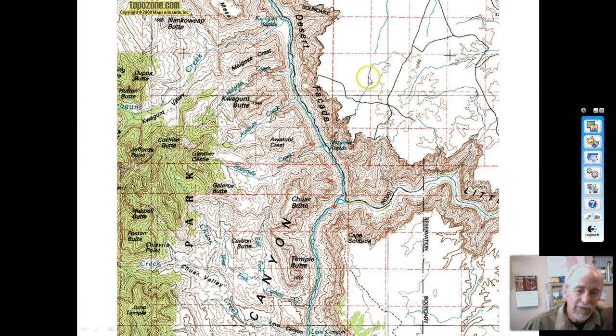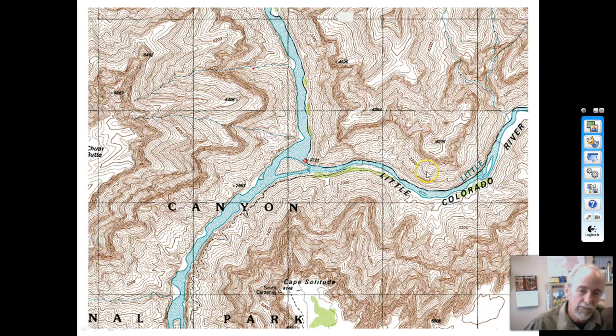So again, this just gives you a sense for how these data may look. This is a topographic map of the junction of the Little Colorado River with the Colorado River out in the Four Corners area of the United States. Here's a little closer look at this, just to give you a sense for the detail in the Geological Survey topographic maps, and the high terrain that we're looking at here, the high, really steep cliffs.